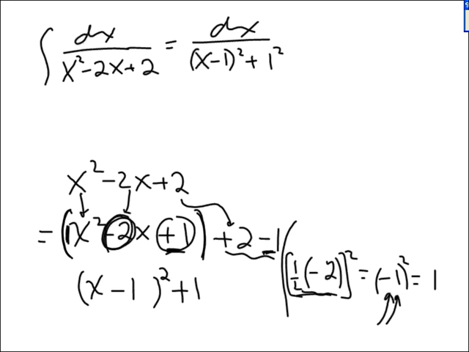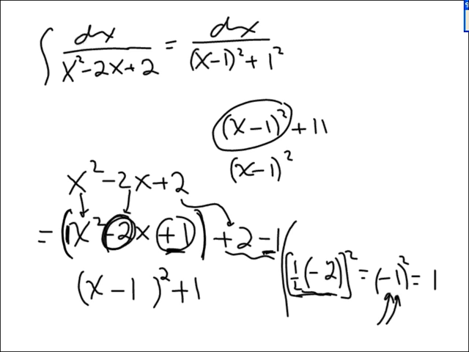Now just for the record, if you had x minus 1 squared plus 11, you may say, well, I know what's being squared here. I'm not that bad. x minus 1 is being squared, but nothing is being squared there. That's not true. If you square the square root of 11, you get 11.